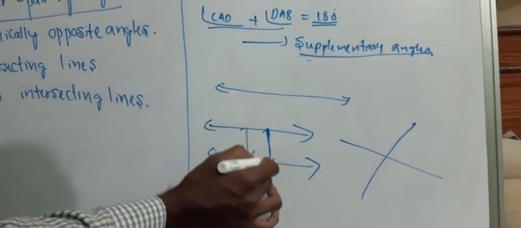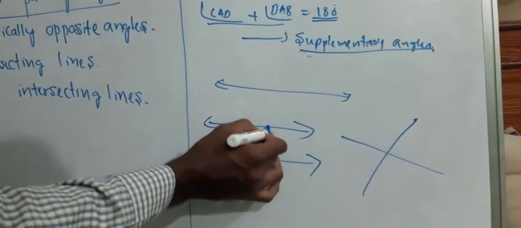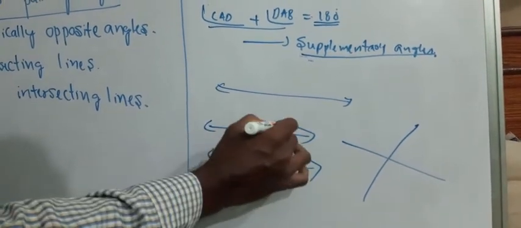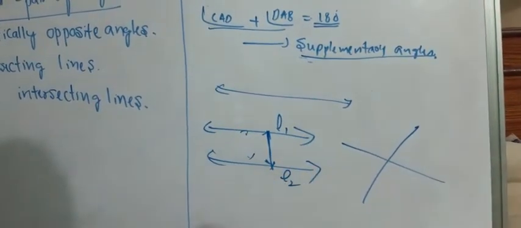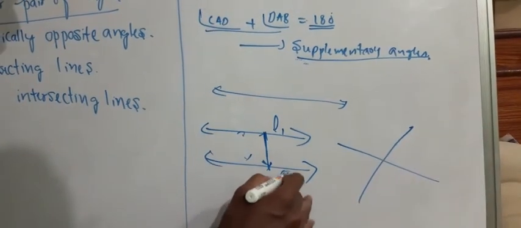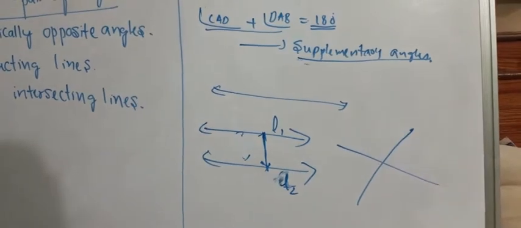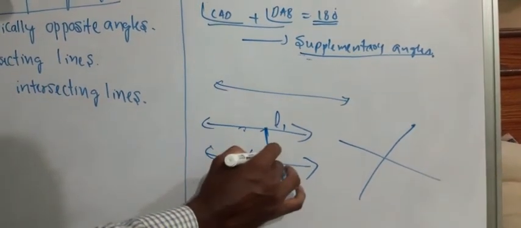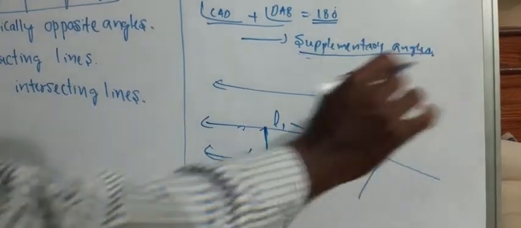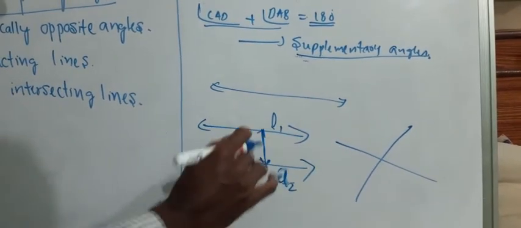The length of the common perpendicular drawn between the two lines L1 and L2 should be the same. Then we call these lines parallel lines because they will not meet at any point. Even if we extend them to any point, they will not meet.